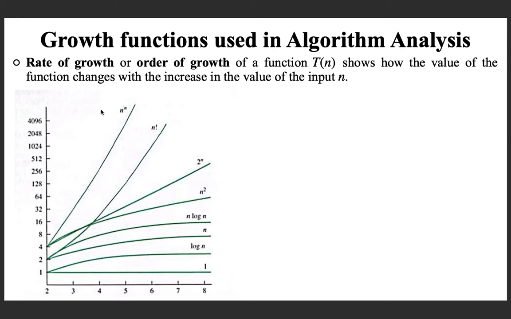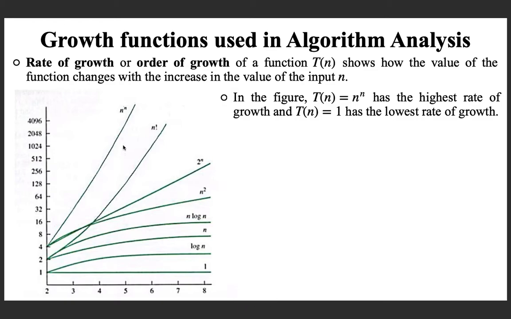Or the growth functions can be n square or n log n, and 1. 1 means regardless of the input size, the time requirement is just 1, and log n function grows like this, then n is like this, n log n, n square, likewise it goes.